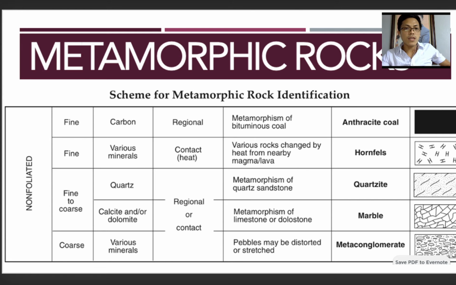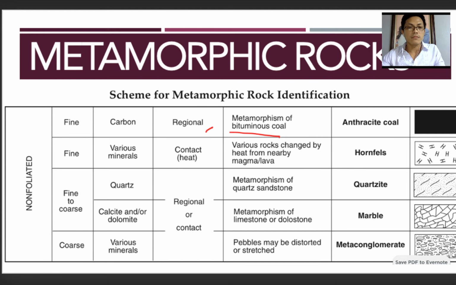For the non-foliated, we have coal. This is through regional metamorphism. The metamorphism of bituminous coal forms anthracite. For contact metamorphism, we can form hornfels.